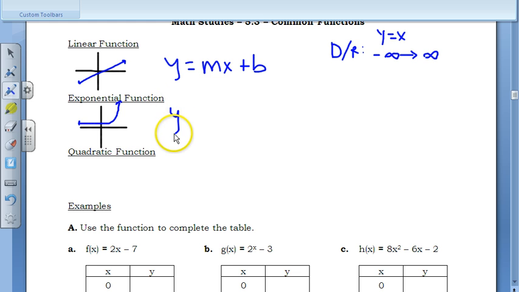The general form for an exponential equation is y equals a times b to the power of x.